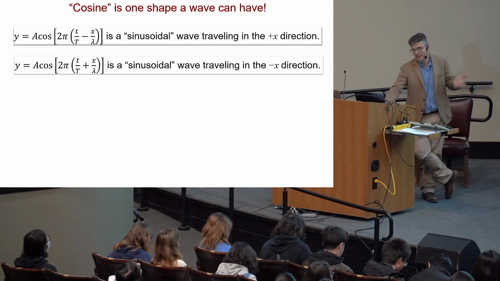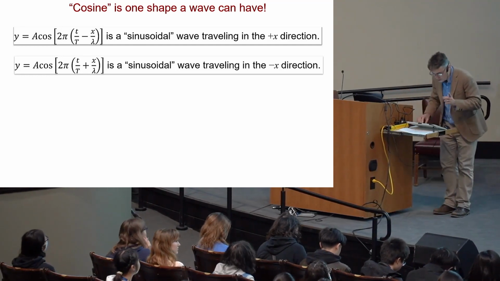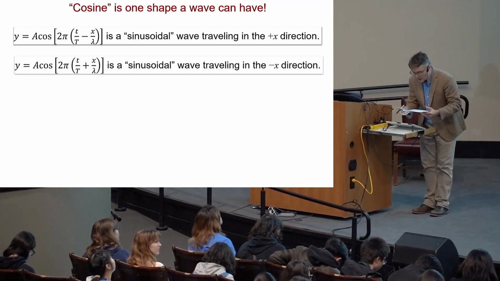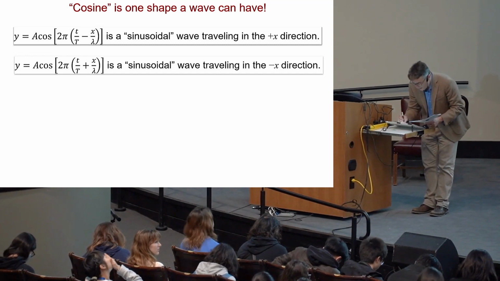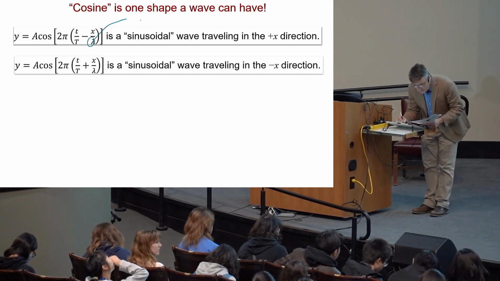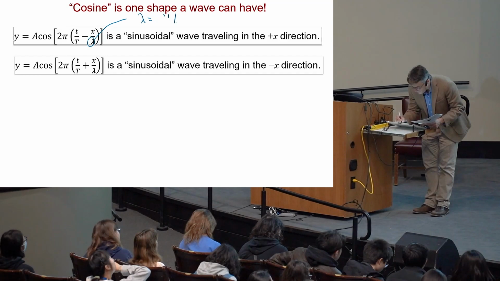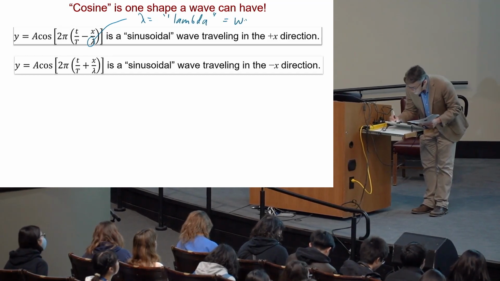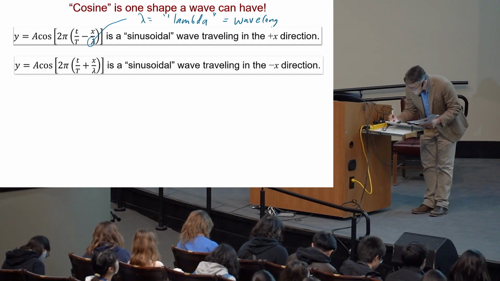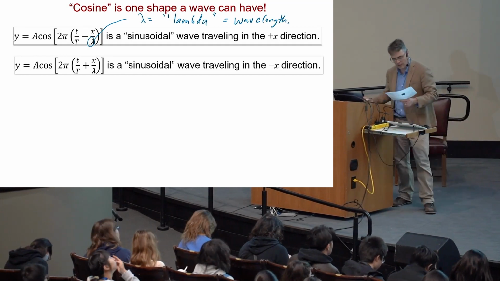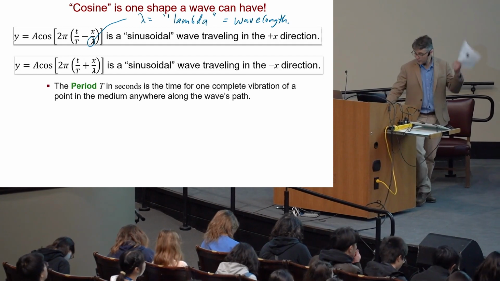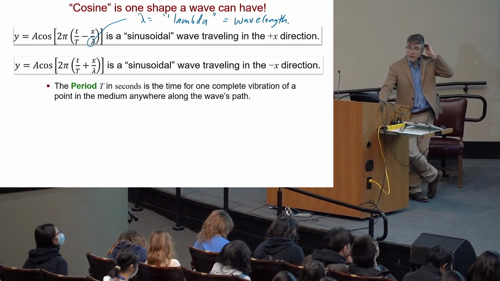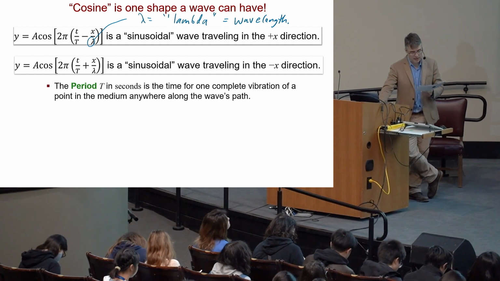These equations look kind of nasty because there are two independent variables, lowercase t and lowercase x. And there's a new letter here called lambda. This is called the wavelength. But now we have a sinusoidal wave. So the period, capital T, is the time for that wave to complete a whole vibration at any point in the path.